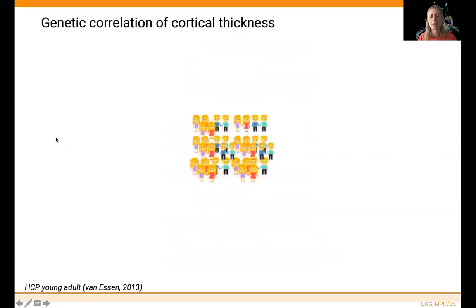So next, I took advantage of the twin-based setup of the HCP young adult sample, and this sample includes monozygotic twins, dizygotic twins, and also unrelated individuals, which made it possible to further deconstruct this covariance matrix into genetic correlation and environmental correlation by looking at the genetic similarity of each individual and how this relates to the correlation.